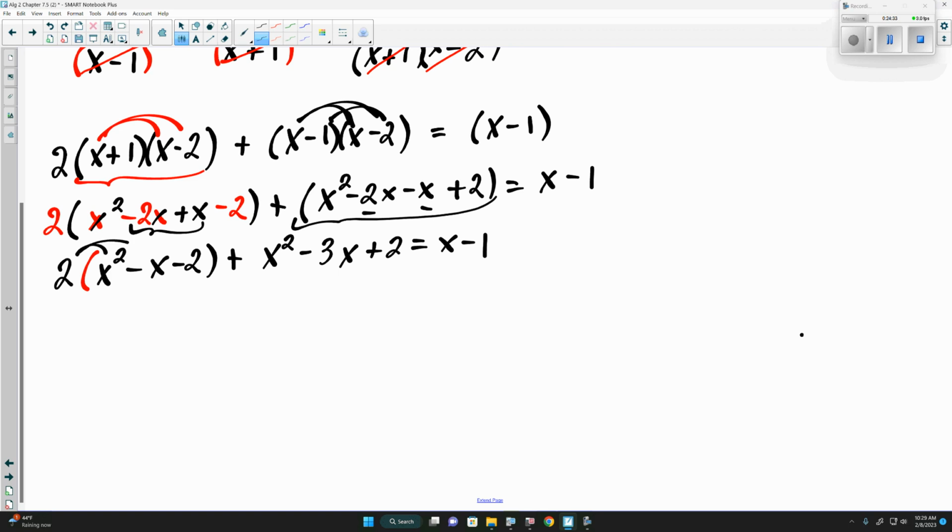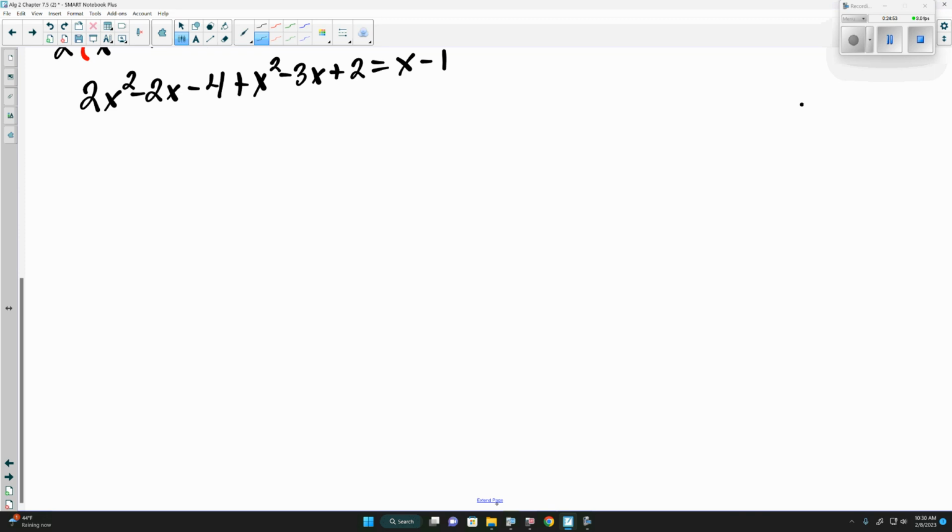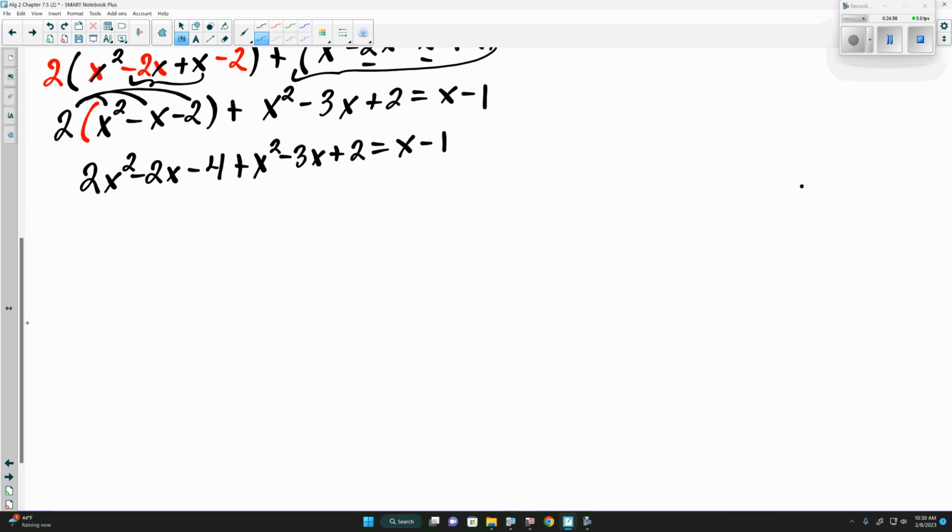Next thing we'll need to do is distribute the 2. 2 times x squared is 2x squared. 2 times negative x is negative 2x. And 2 times negative 2 is negative 4. Any questions on any of this here so far?